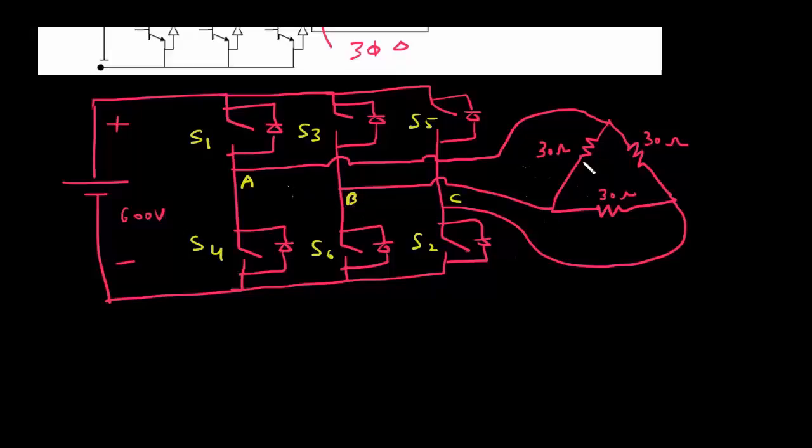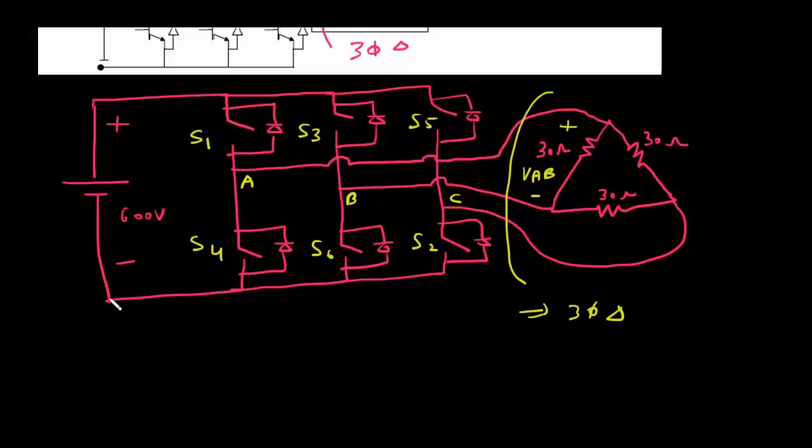So now we have to find what is the power consumed by this three-phase delta load. We can use the single phase technique to solve three-phase circuit. We can find the power consumed by this load per phase, and once we get per phase power, we can multiply it by 3 to get total three-phase power. To get per phase power, we need a voltage VAB.